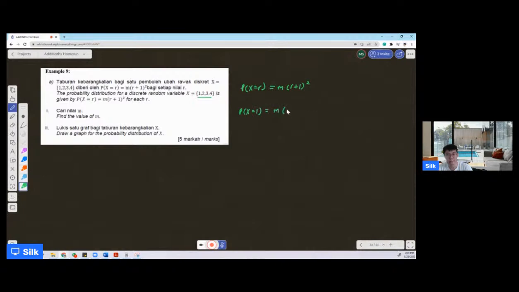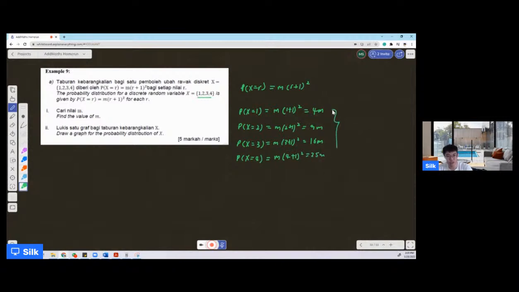It will be m(1 + 1) squared, which is 4m. And then for r equal to 2, it will be m(2 + 1) squared, 9m. For r equal to 3, m(3 + 1) squared, 16m. And for r equal to 4, it will be m(4 + 1) squared, equal to 25m.